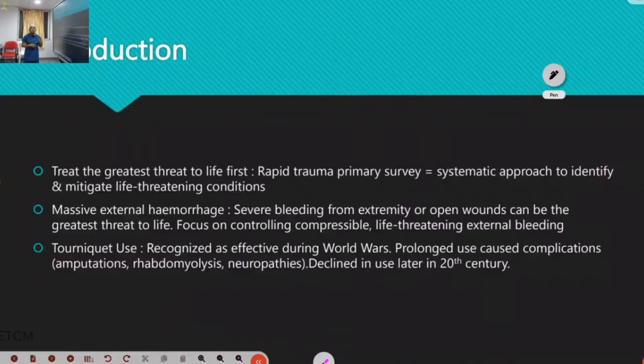Coming to tourniquet use, it was recognized as effective. It was during the World Wars that it was first put into practice, and later they started to use the tourniquet in war zones, in military warfare. By the early 20th century, tourniquet use declined, and the reason was the complications that can happen due to tourniquet application, that is amputations, rhabdomyolysis and neuropathies.